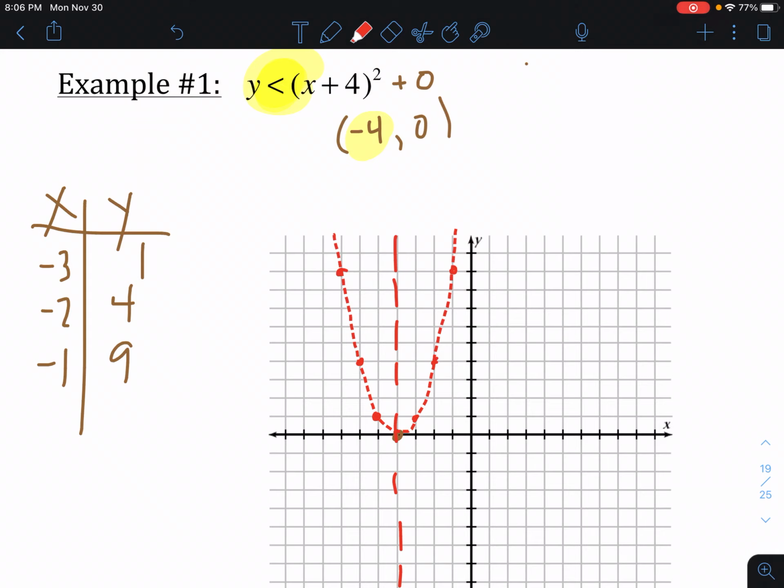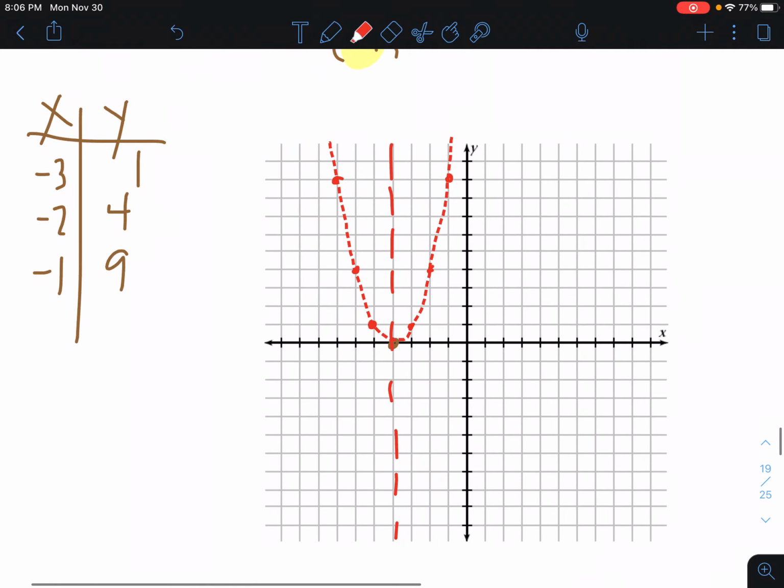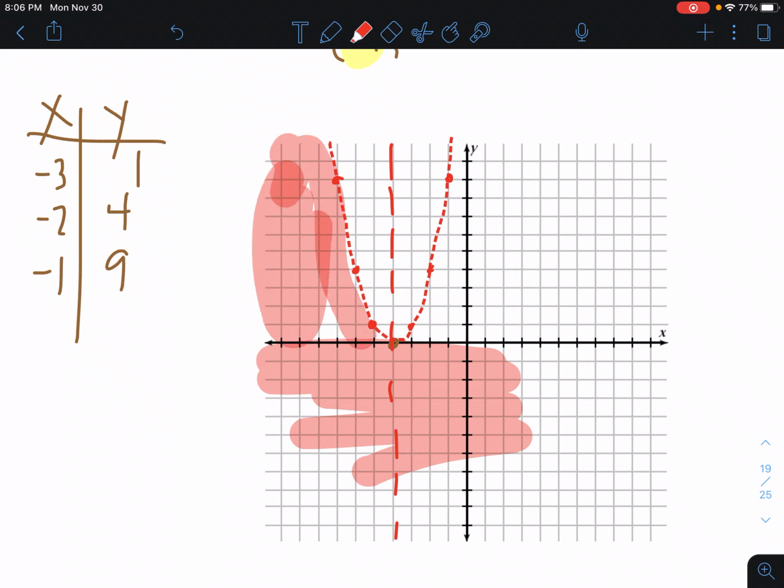So remember, the shading is determined to be above or below. So that's a less than. That means it would be below the parabola. Now, it doesn't mean like below the vertex. It means view the parabola as being one huge line and just shade everything below it.